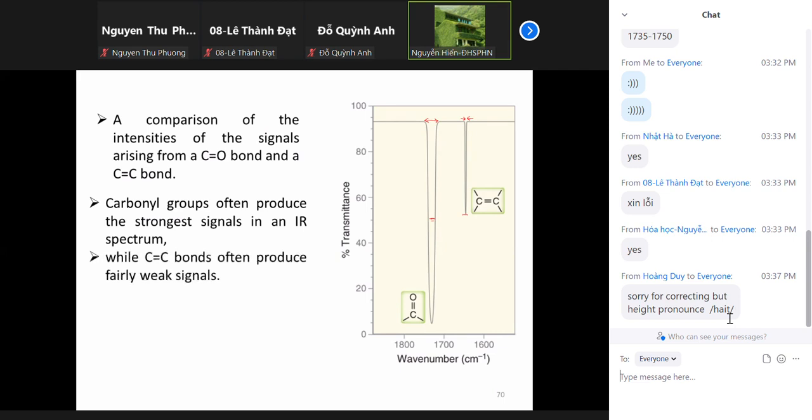In fact, carbonyl groups often produce the strongest signals in an infrared spectrum, while CC bonds produce weak or medium ones. Some alkenes don't produce any CC signal at all, because if the structure is symmetric, then the dipole moment is very small.